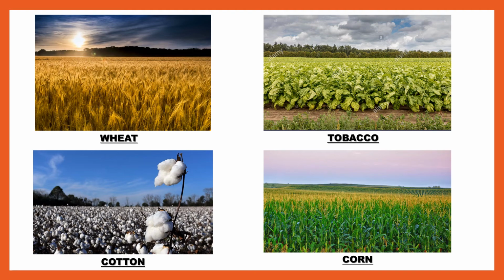Regions specialized in the production of specific crops are called crop belts: corn belt, wheat belt, cotton belt, tobacco belt. These are the major crops which are produced in major quantity in North America.